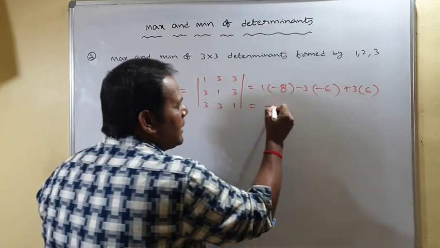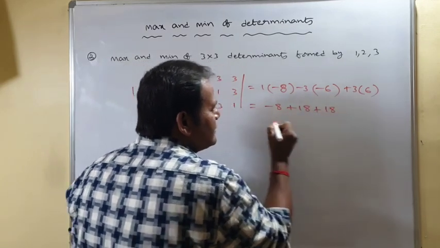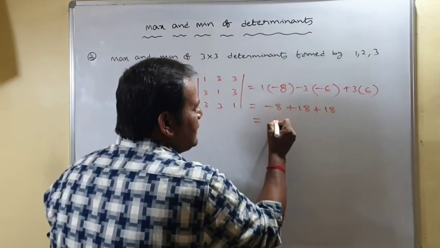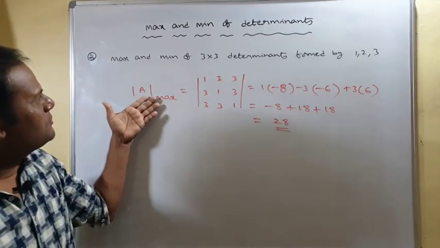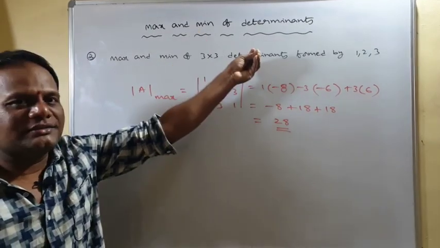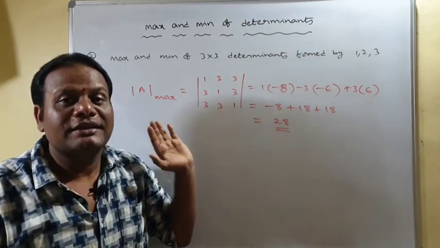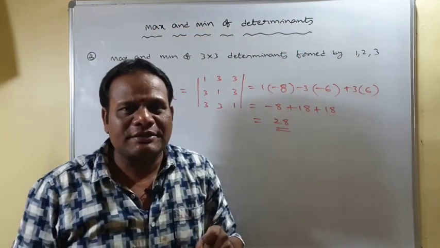This is minus 8 plus 18 plus 18. Is it? So what is this? It is 10 plus 18, 28. Is it? Maximum of the determinants formed by 1, 2, 3 must be what? 28. You can form so many determinants using these elements.